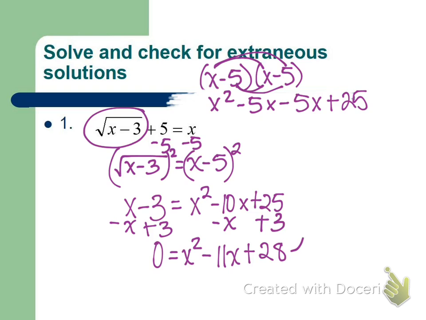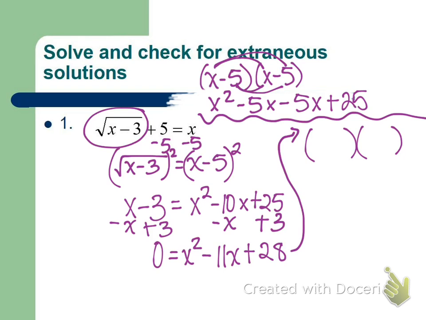I'm going to continue it up here. So Devin, it sounds like, is coming up with those numbers that we would put if we were to factor this into two binomials. Devin, why are you saying -7 and -4?